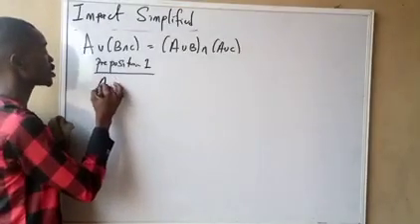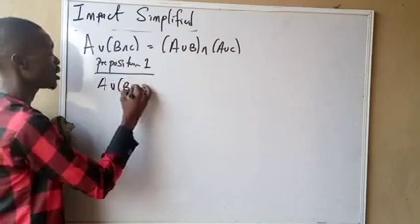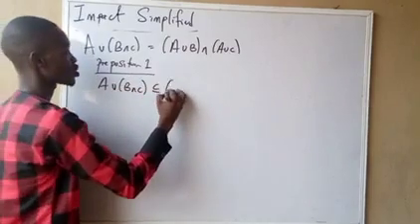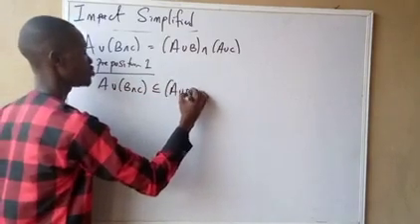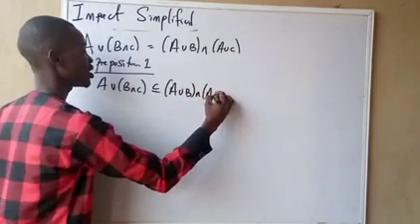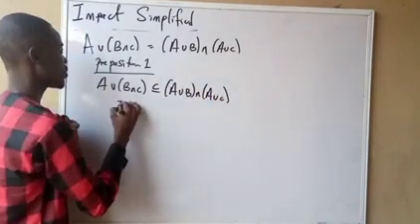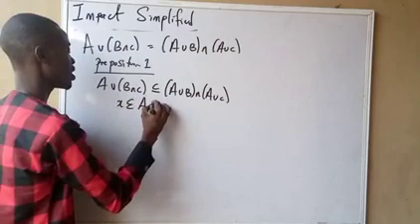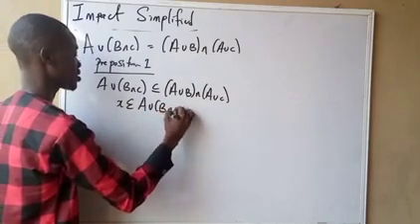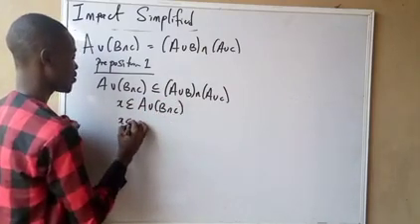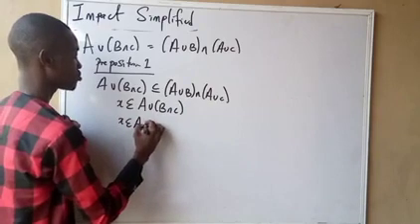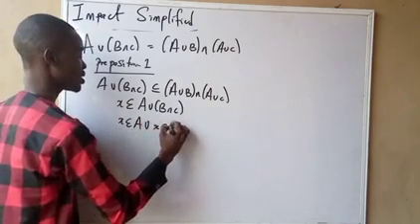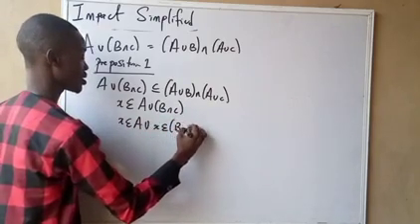So let's look at it. We have A union B intersection C is a subset of A union B intersection A union C, and that will give us x is an element of A union B intersection C, and that will give us x is an element of A union x is an element of B intersection C.